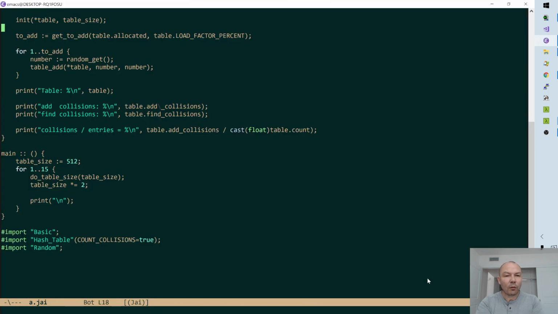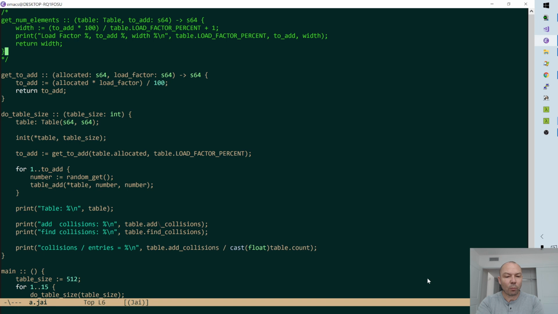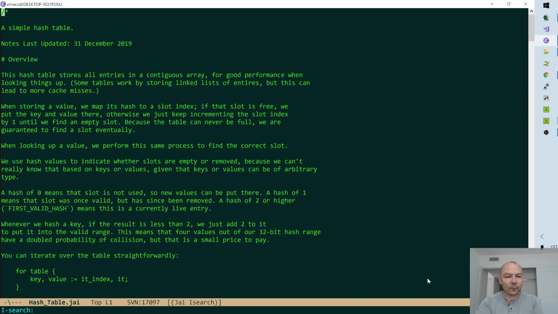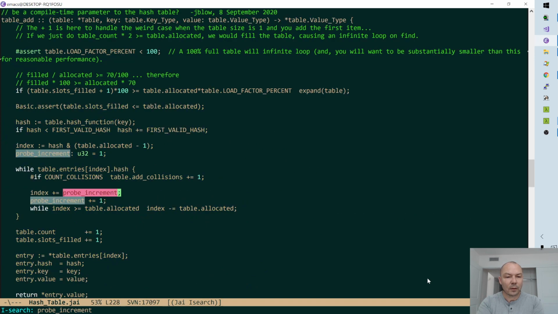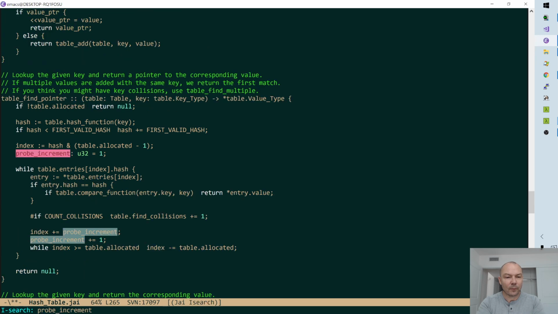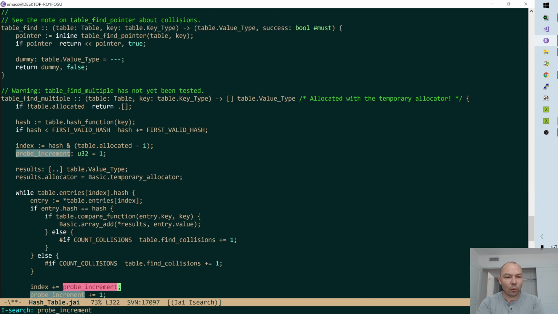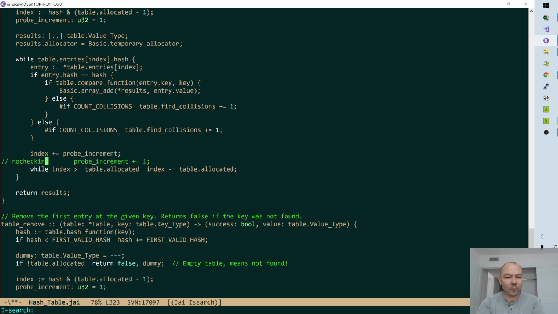Remember we have our probe increment, right? What if I just take this out for a second?